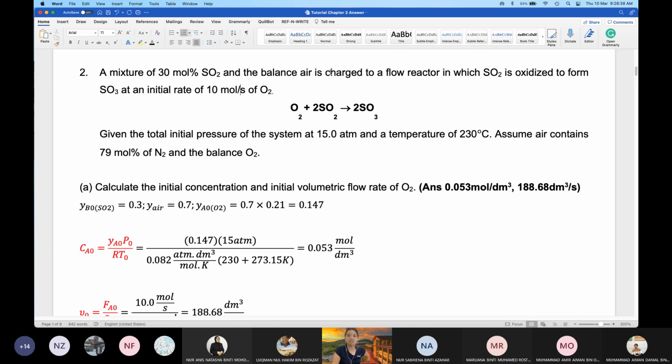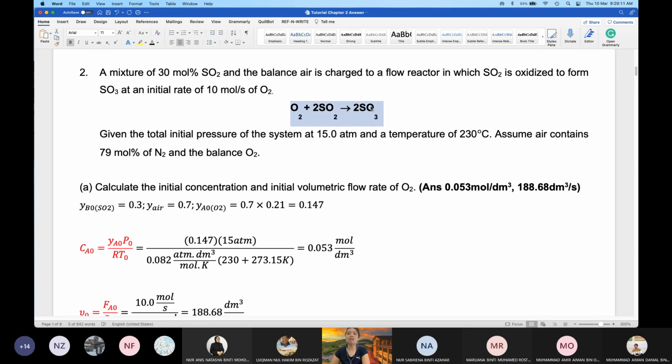So you see the question, the chemical reaction is between oxygen gas and SO2. So SO2 punya mole percent is 30%, and the remainder percent, 70%, is air. So kenapa dia guna air walaupun our reaction is with oxygen gas, but they do not pump in pure oxygen gas. Instead, they pump in air because air contains oxygen as well.